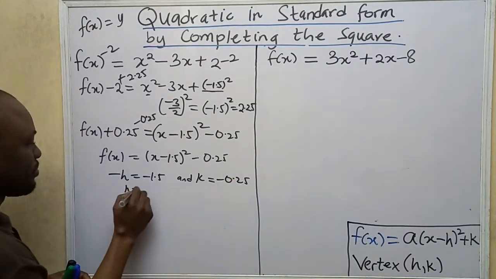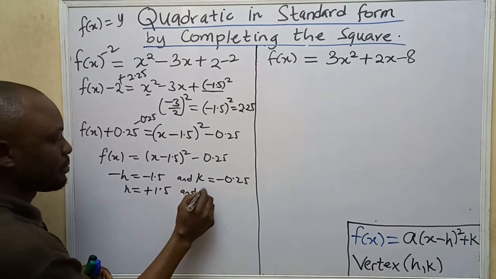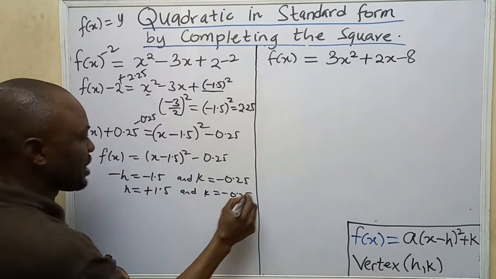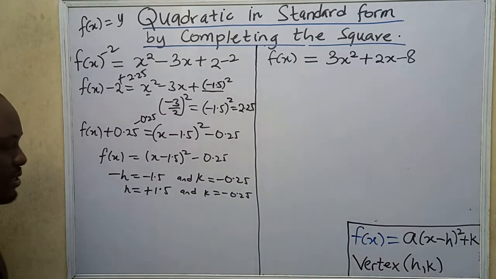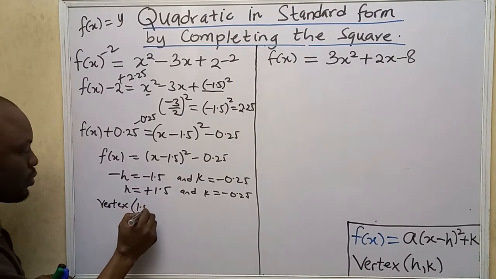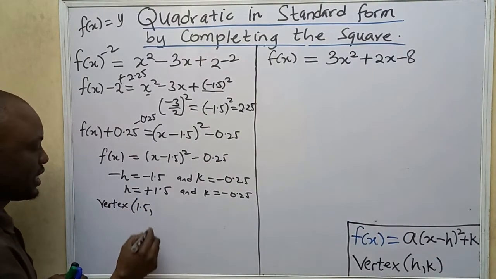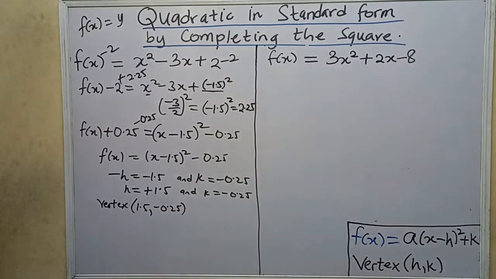So that tells me that my h value is plus 1.5, and my k is minus 0.25. Minus minus is plus. That is how I arrive at this. So therefore, my vertex will be 1.5, h value, comma k, minus 0.25.